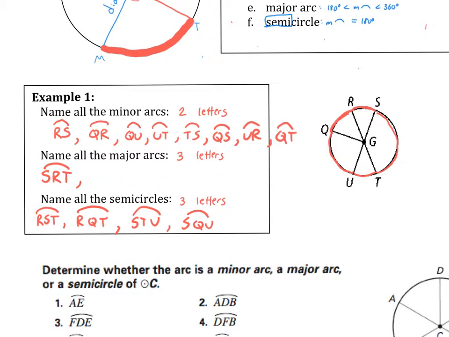So let me start at R and see what I get. I can go R through Q all the way to S. R, Q, S works.